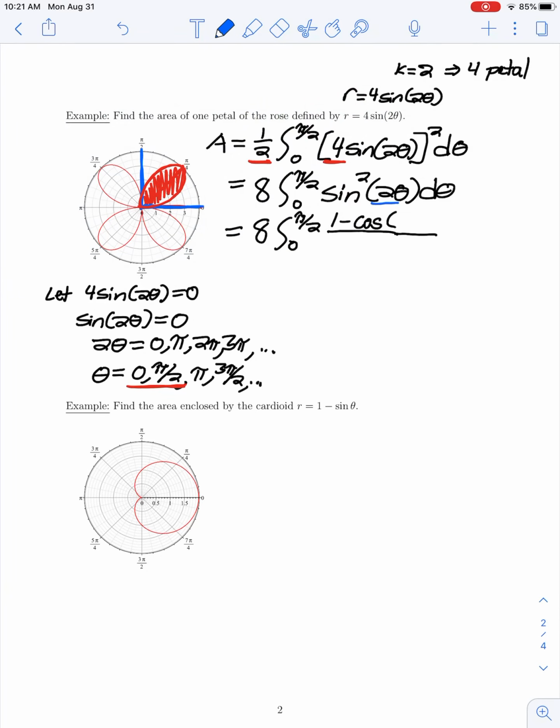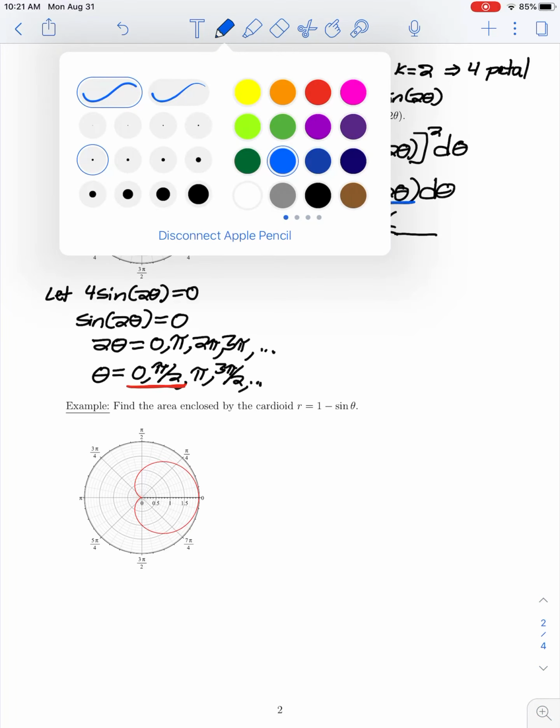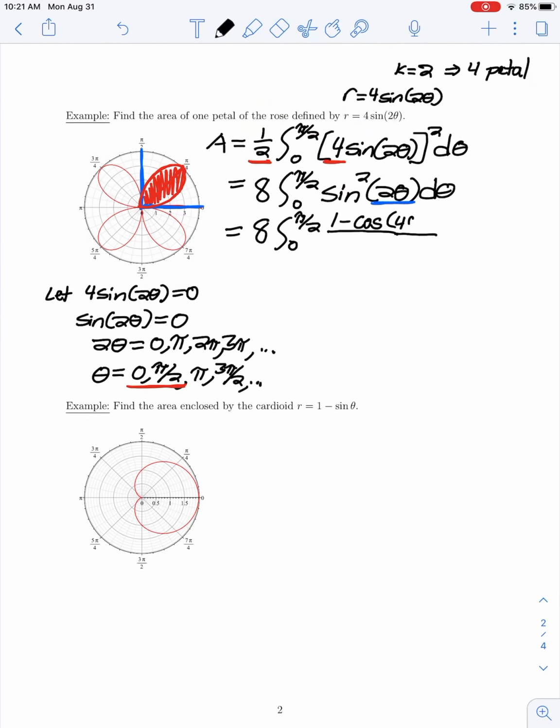Now in this example, we already had a 2 theta, so doubling that angle gives us a 4 theta, all over 2 d theta. So as a reference, the trig identity, which I'm making use of here, a little scratch work to the side, is that sine squared of an angle is the same as 1 minus cosine of twice that angle, over 2.